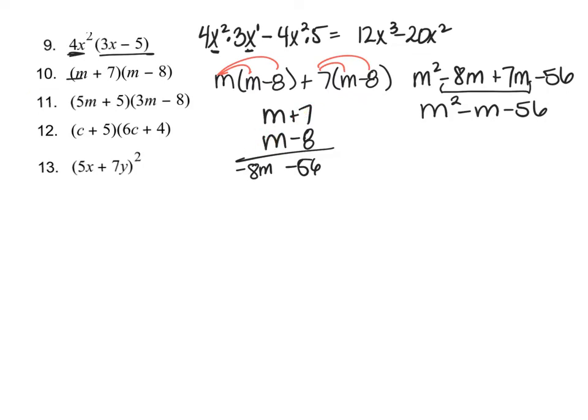M times 7 is 7m. I'm going to make sure when I go to the second number I'm multiplying by, I'm going to move over and make sure everything lines up with its like term. And then lastly, the m times the m is m squared. So I have m squared minus m minus 56. Same answer, two different ways to get it.